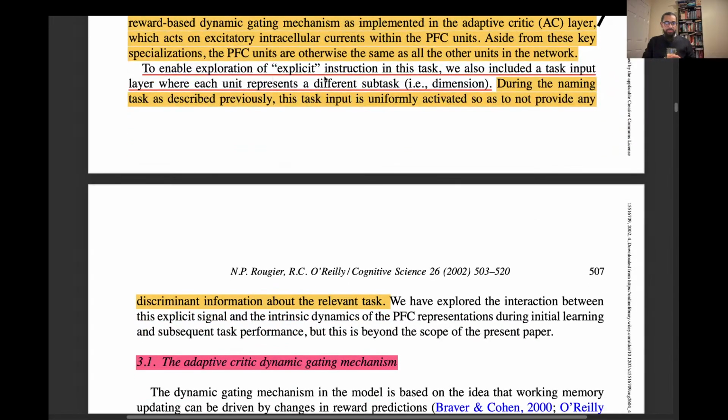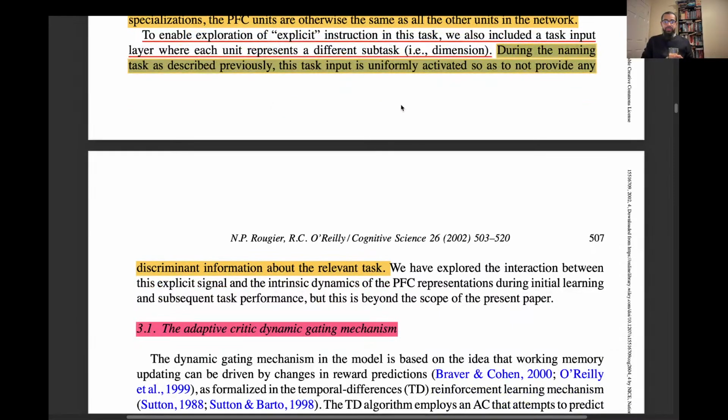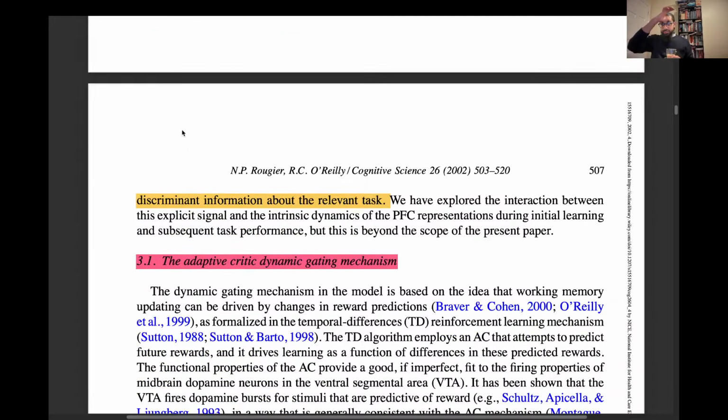To enable exploration of explicit instruction in this task, we also included a task input layer where each unit represents a different subtask. During the naming task, as described previously, this task input is uniformly activated so as to not provide any discriminant information about the relevant task.